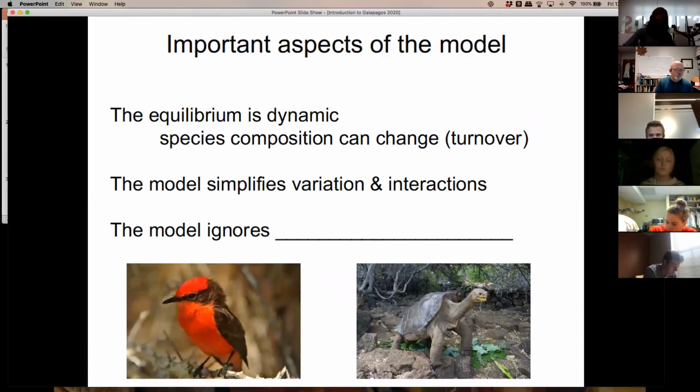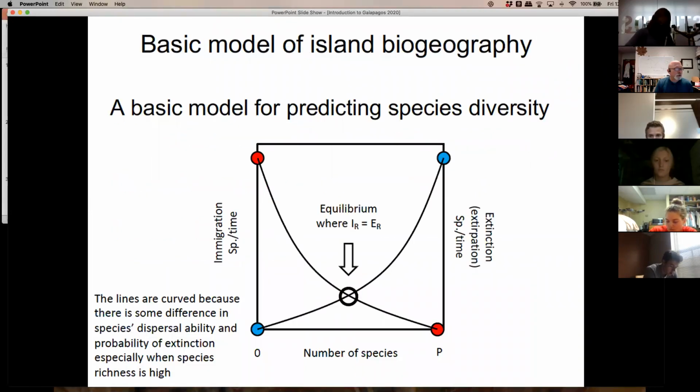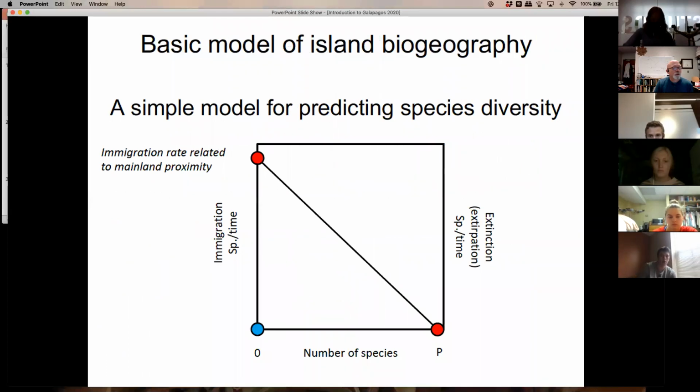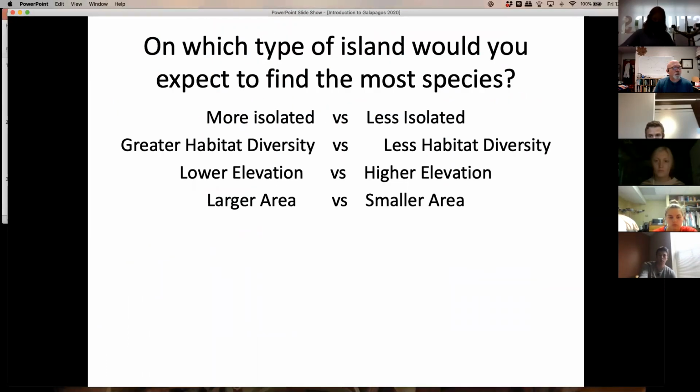One of the things about this model is it simplifies a lot of variation among species because it doesn't really matter what species it is. The question is how many species are there? And the one thing that this model ignores is what? All this model includes are two things. It excludes evolution.